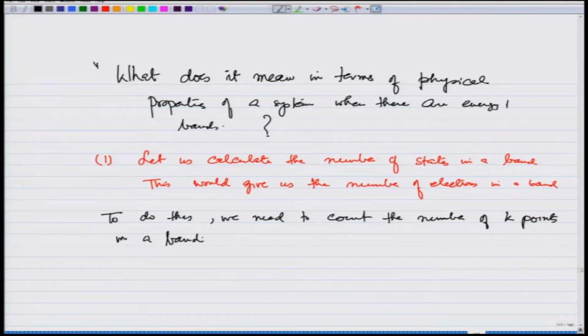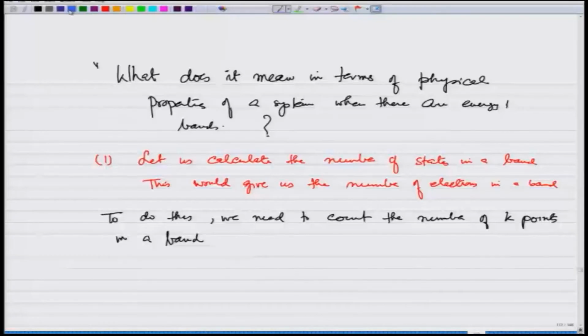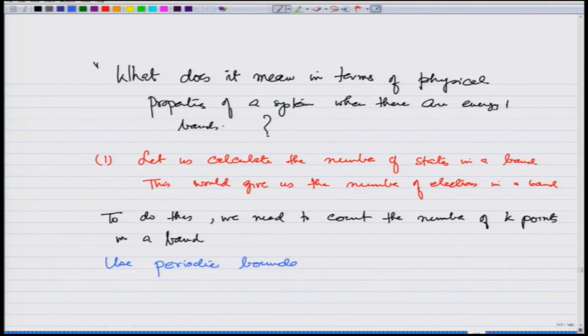Just like, recall, in metals we counted the number of states by counting the number of k points. And what trick did we use there? We used periodic boundary conditions.